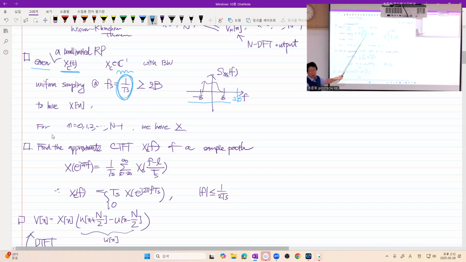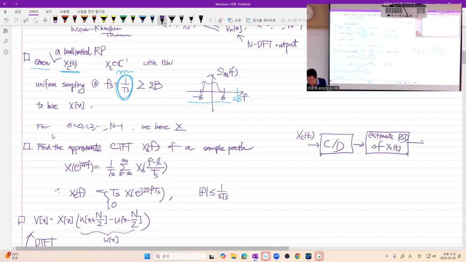So here comes the sampling rate. Got it? So we have a continuous time random process. Here goes the C to D conversion. And then here we estimate the PSD of the continuous time random process. Got it?